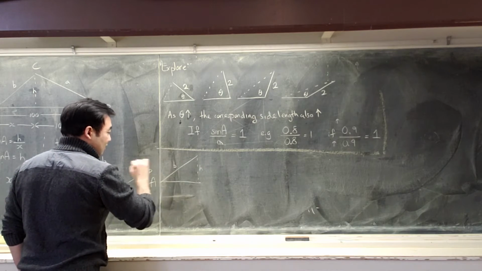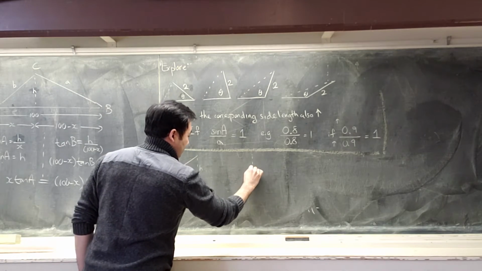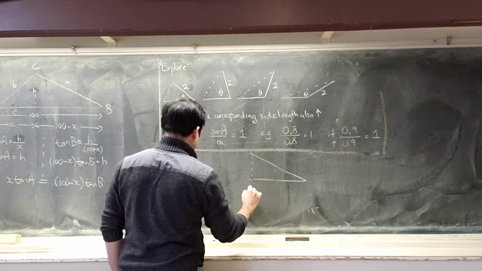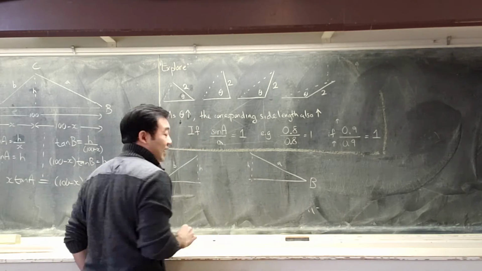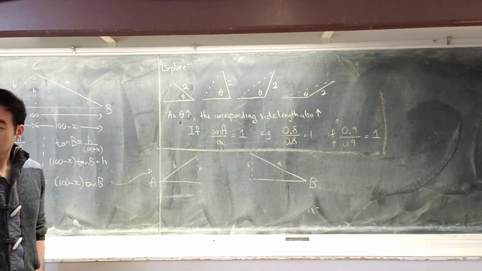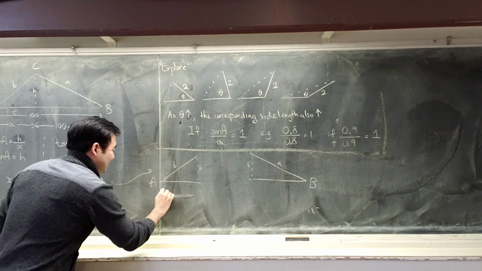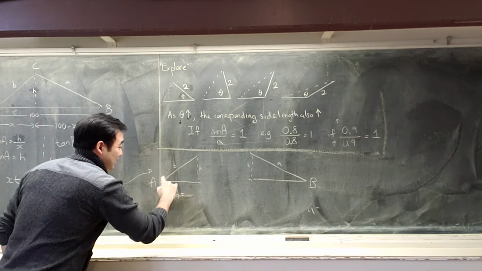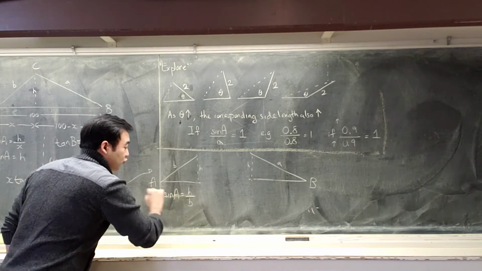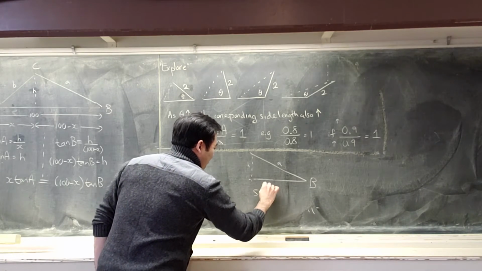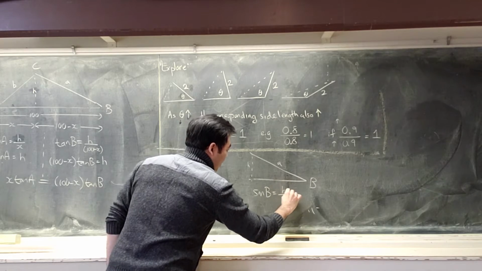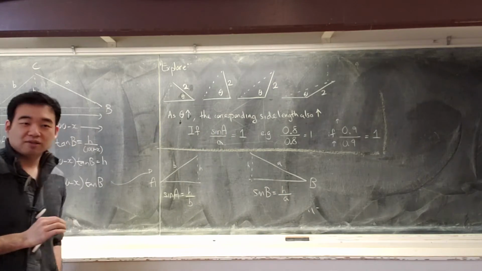This is my b. And here is angle B with little a with my height. Ready? We're using sine. Sine of angle A is equal to opposite over hypotenuse. Sine of angle B is equal to opposite over hypotenuse.